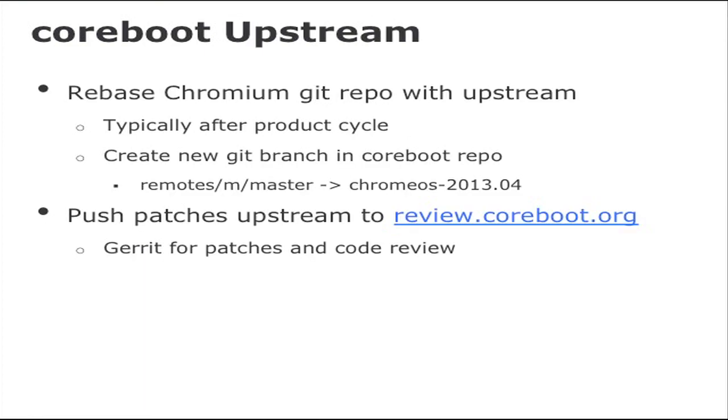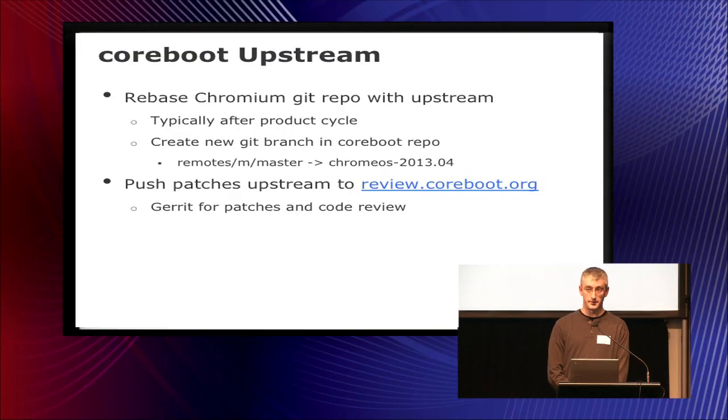So for how we work with the upstream coreboot community, we have a copy of the upstream coreboot tree in the Chromium repo, and we try and rebase this regularly with upstream. We typically try and do it after a product cycle, so after we've shipped, for instance, the Haswell devices that we shipped this past year, we rebase with upstream so that we're getting all the code that's going in upstream, and we can push our patches upstream as well around the same time.